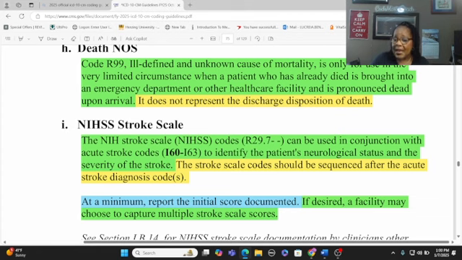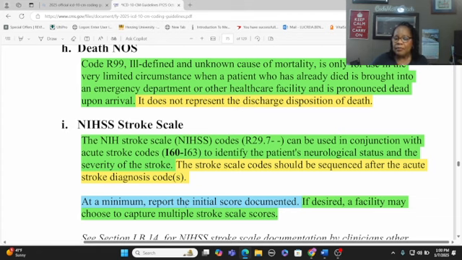The stroke scale codes should be sequenced after the acute stroke diagnoses codes. So again, the key here is, if you're tracking the stroke scale codes, those come after the I60 through I63 category codes.